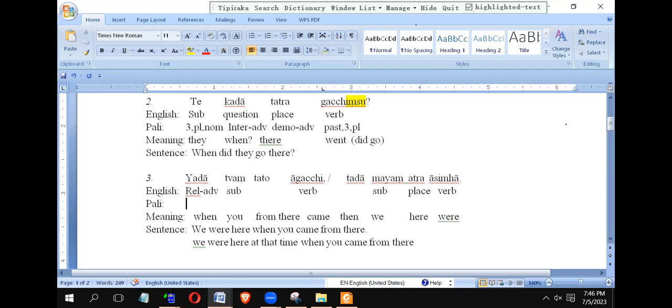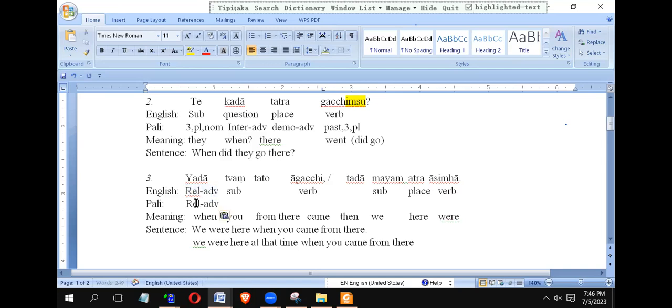Yada, the Y start is a relative. Relative, yeah, it's the same with Pāḷi, relative, active.